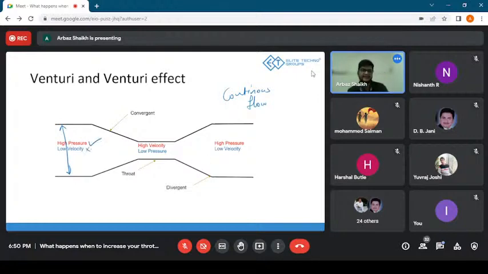In case of a smaller area, like on the throat, the velocity would be high and the pressure would be low. So you are seeing an inverse kind of thing happening. The pressure is decreasing and the velocity is increasing. Then again, when the area increases, in the continuous flow, the pressure will again increase and the velocity will again decrease. So basically this is what happens.